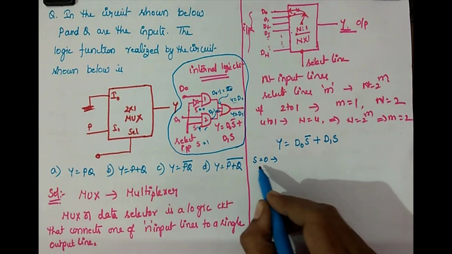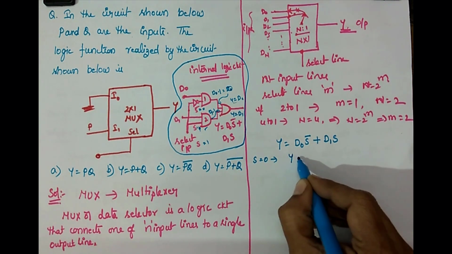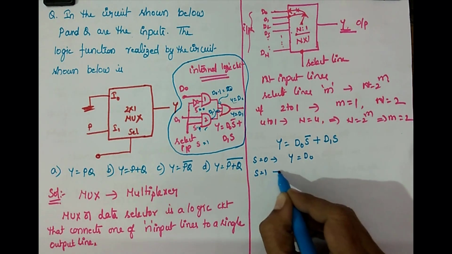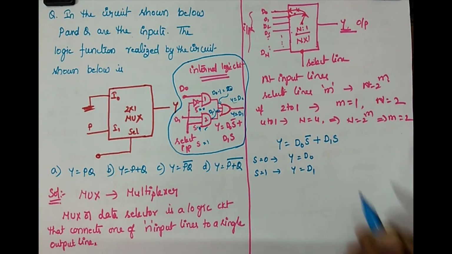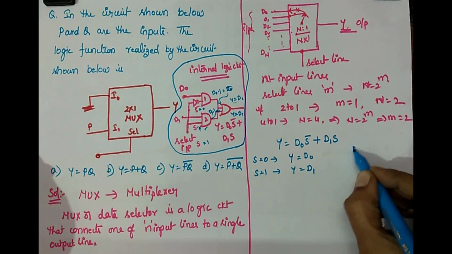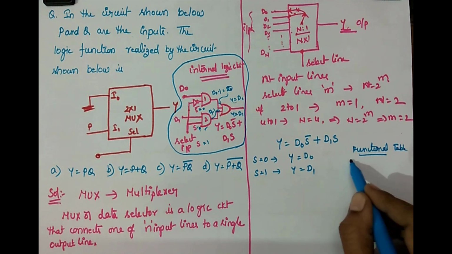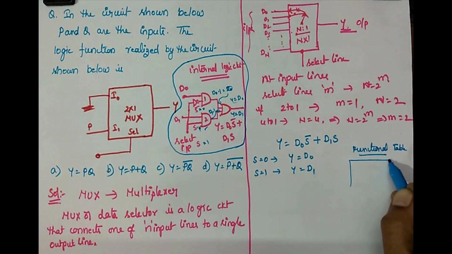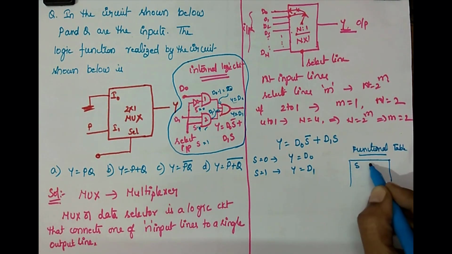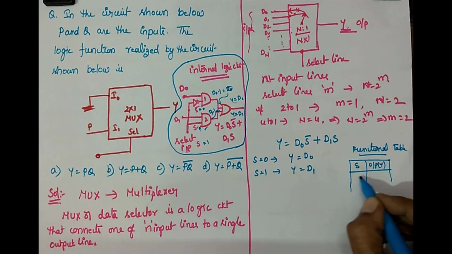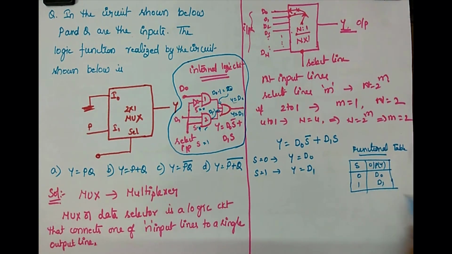So if S is equal to 0, what is the output? D0. If S is equal to 1, what is the output? D1. So the functional table is: S is 0, output is D0; S is 1, output is D1.